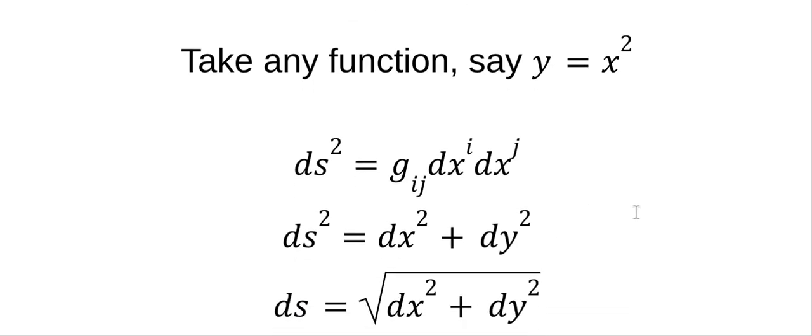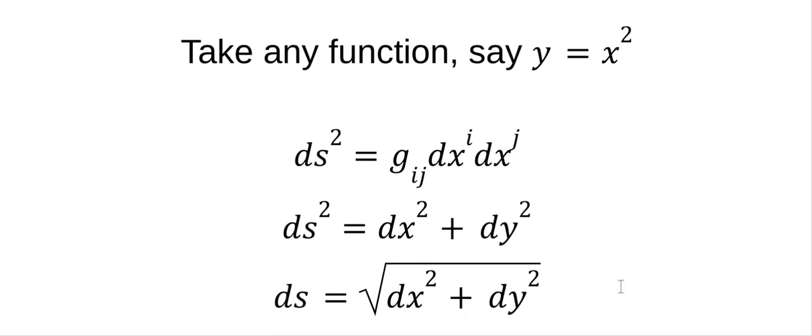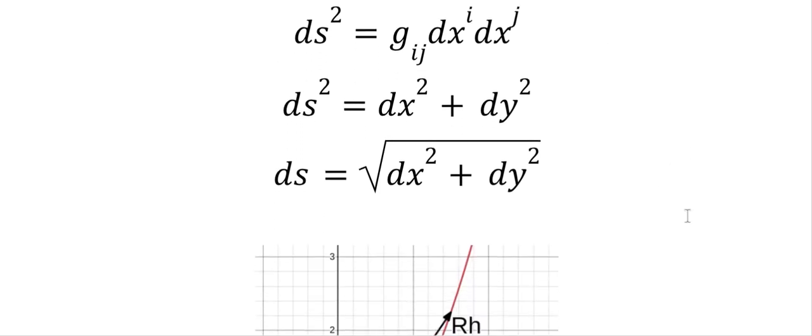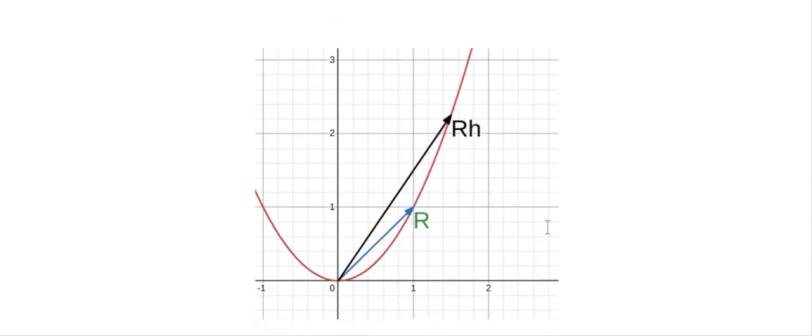Now, what do we want to do in this equation? Well, first of all, let's take the square root of both sides. In this equation, we have a parabola. This is our position vector. We added a little bit of increment to it to form a new vector here, right? So this is part of our definition of a derivative.